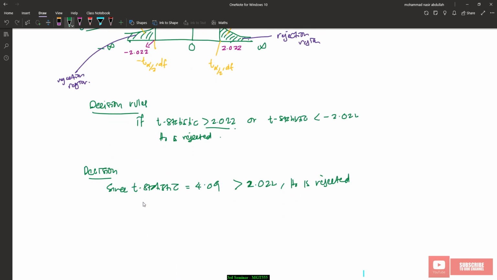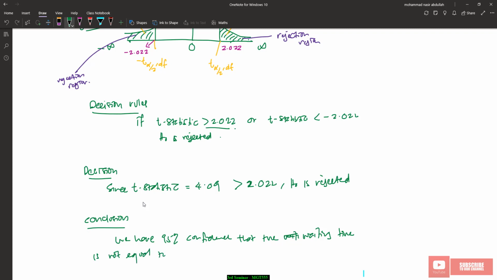So conclusion: we can say that we have 95% confidence that the waiting time is not equal to 15 minutes. Right, that's all.